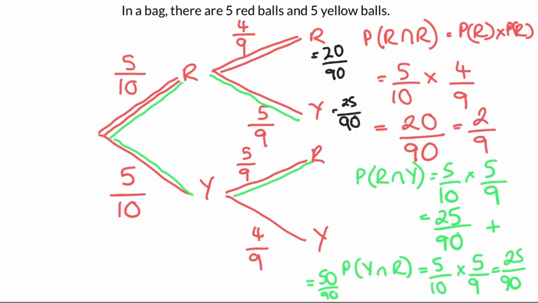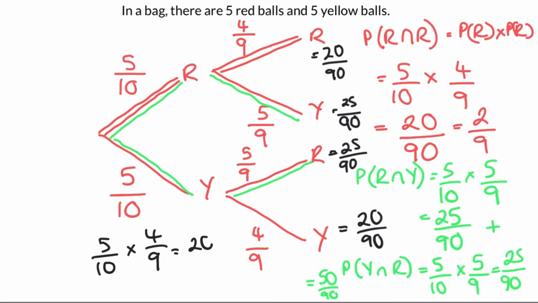The probability of us getting a yellow ball and then a red ball is 25 over 90. So the probability of us getting 2 yellow balls is going to be 1 minus these 3 probabilities added together, which will give us 20 over 90. And we can double check that by doing 5 over 10 times 4 over 9, which is 20 over 90.